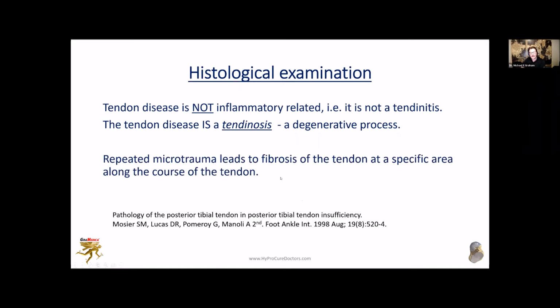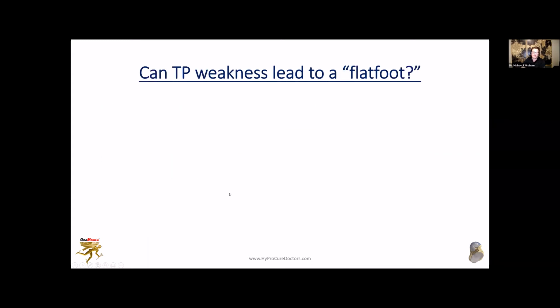And then we find that there is fibrosis within the tendon. That tells us there is a chronicity of microtrauma repeatedly acting at a specific course along the tendon. That's the watershed area that is always referred to in textbooks and lectures, and that's always where we can predict, when we get an MRI or open up the foot, that the diseased tendon is occurring.